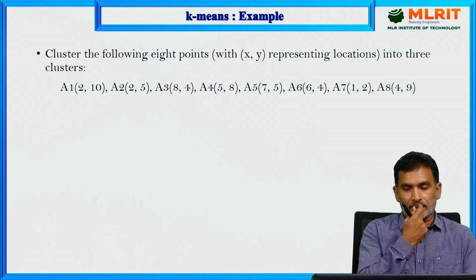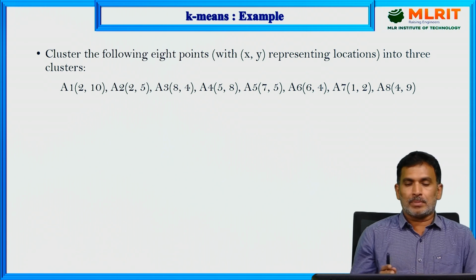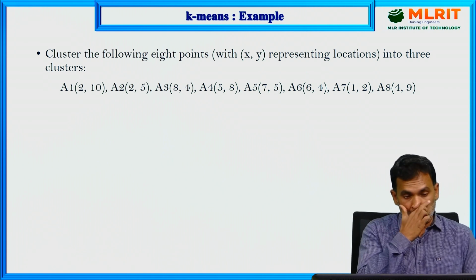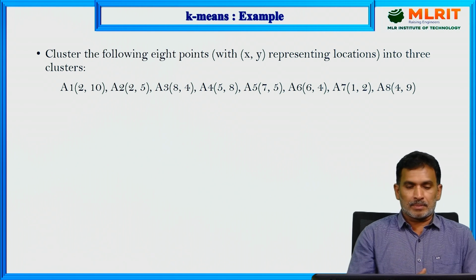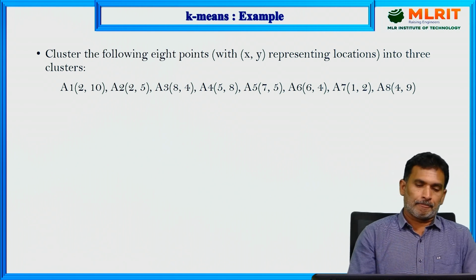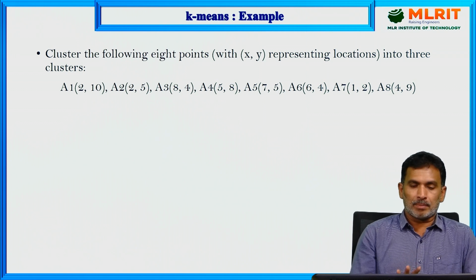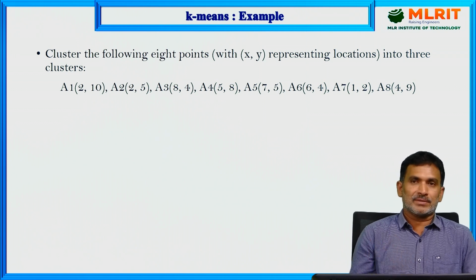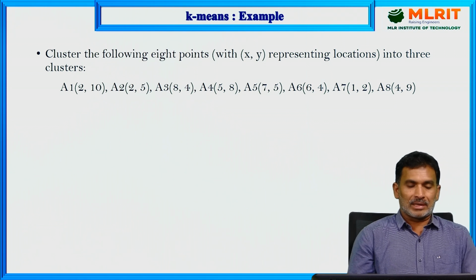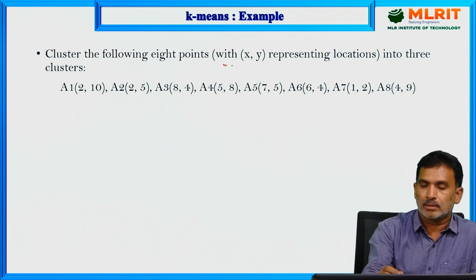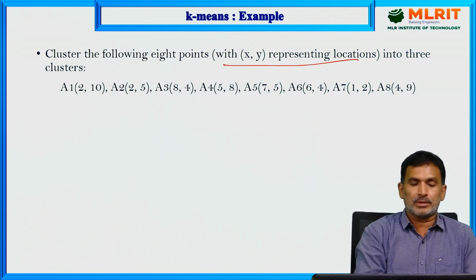Let us quickly walk through one simple example. I am not going to solve this entire problem, but I will give a brief idea of how the k-means algorithm would be applied to cluster data points into a specified number of clusters. Cluster the following 8 points, with x and y representing locations, into 3 clusters.